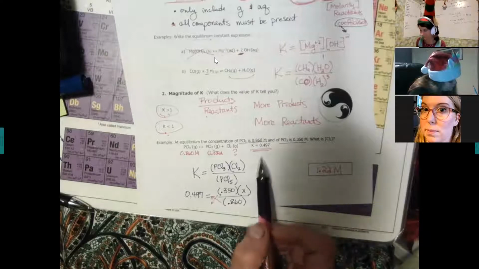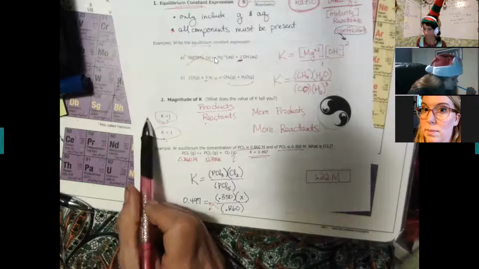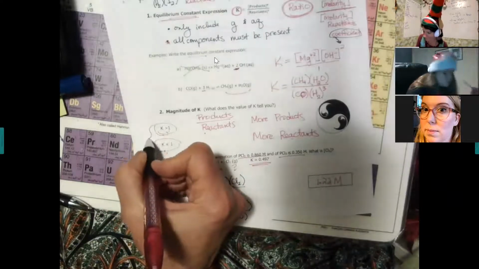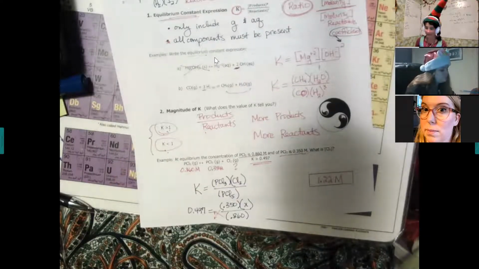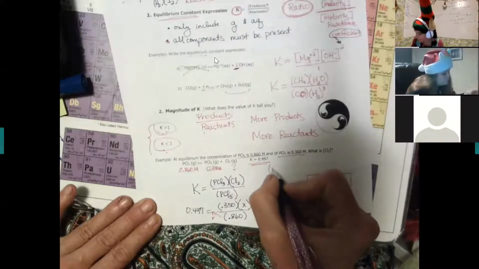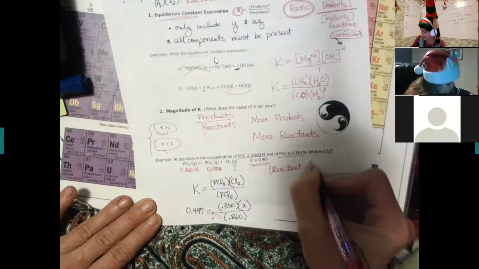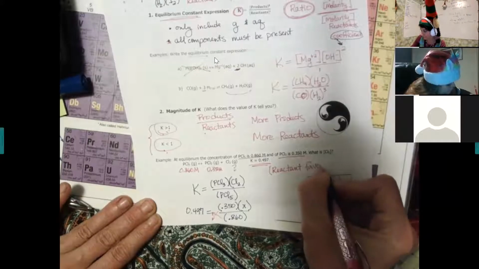Going back up to here, the K is less than 1, so there are more reactants. You can say more reactants, or the terminology you might see in some places is reactant favored.